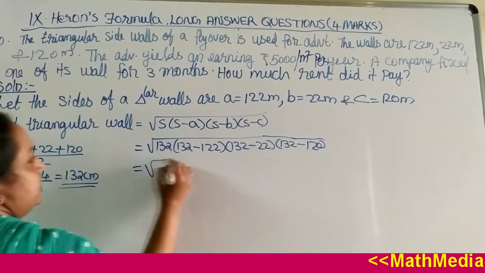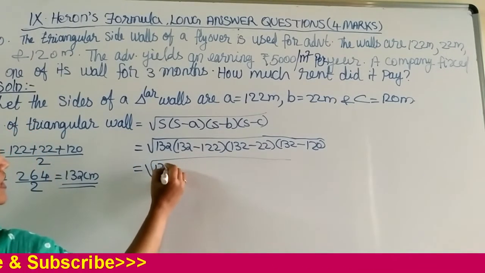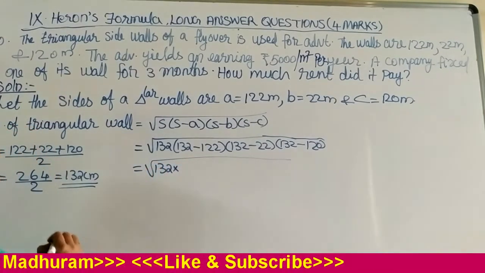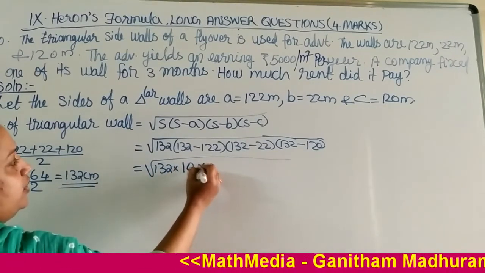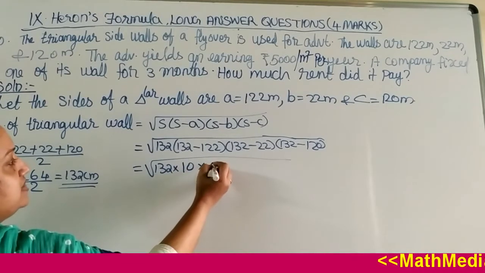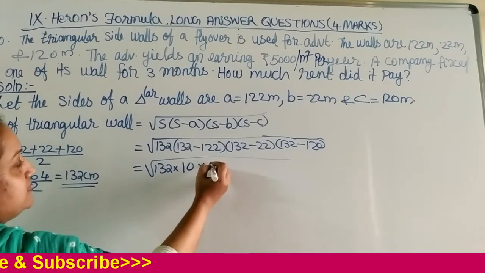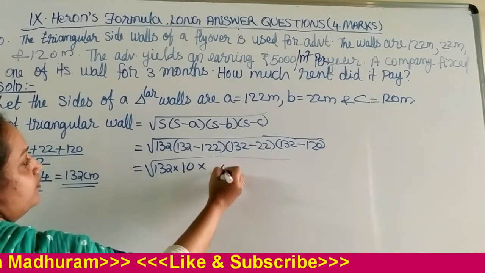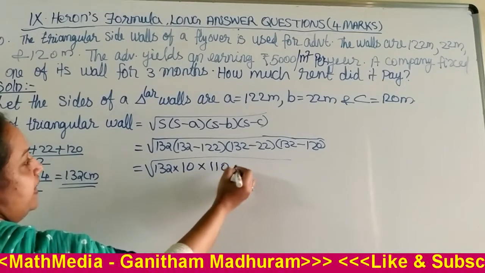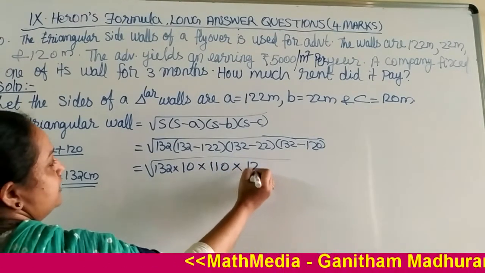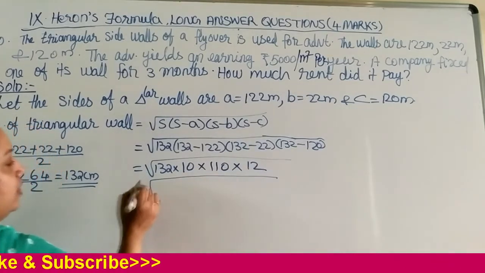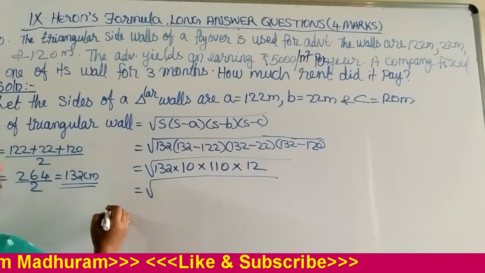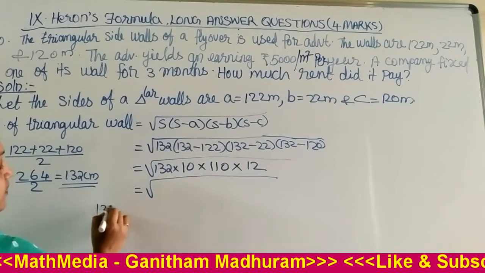So we get 132 into 132 minus 122 is 10, into 132 minus 22 gives 110, and 12. Now we can do the prime factorization of 132.